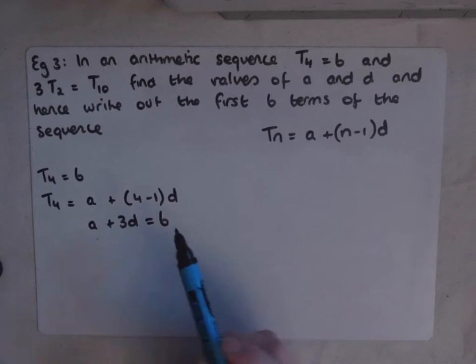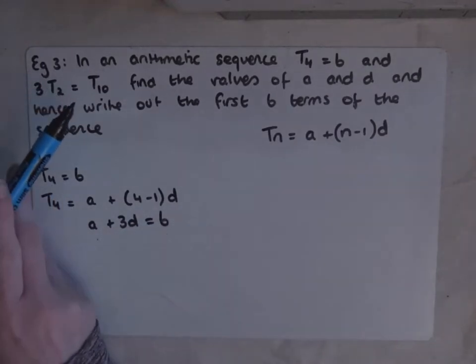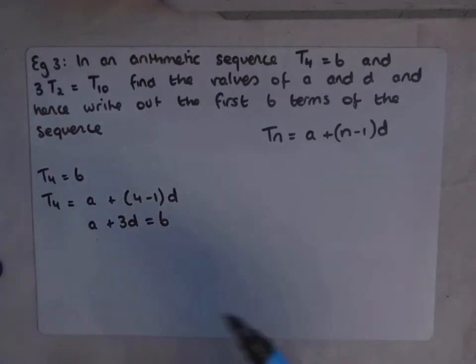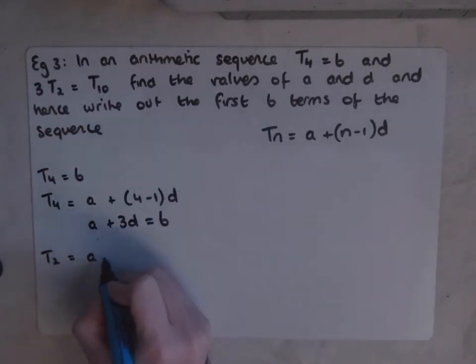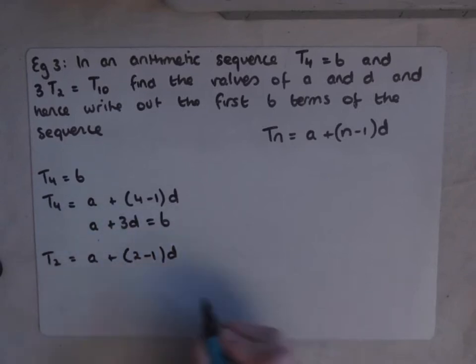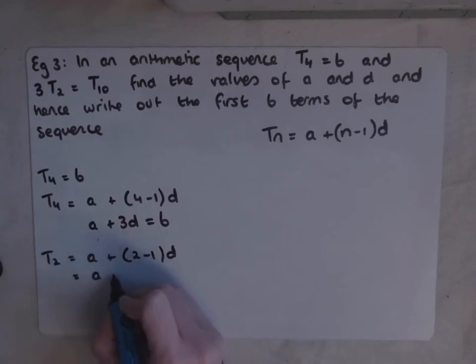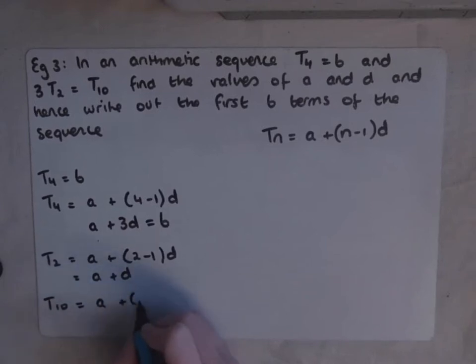The next thing they've told me is 3 times T2 is equal to T10. Let's get T2 and T10 first. T2 means fill in 2 instead of n, and T10 means fill in 10 instead of n.